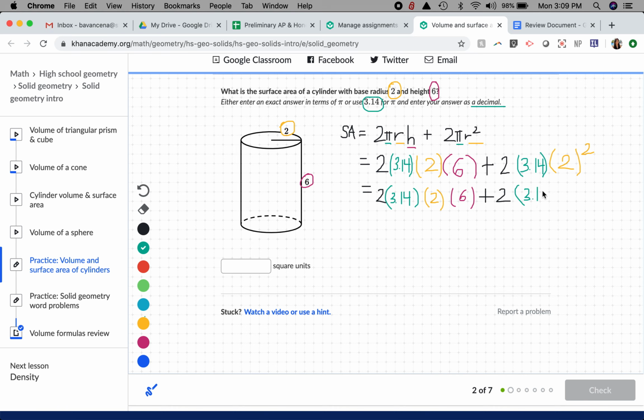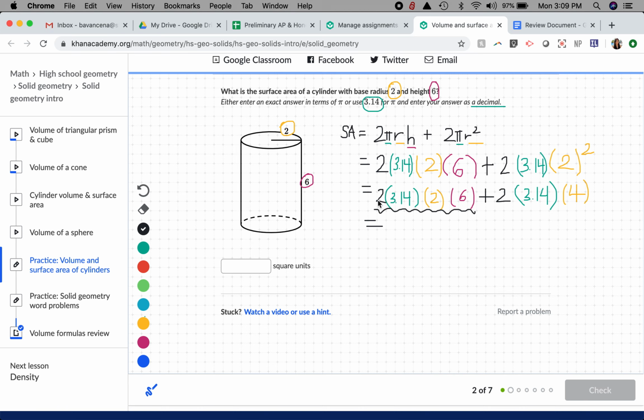All right, and now we're at that point where we can simplify. 2 times 2, or 2 squared, is simply 4. So I'm going to make that 4. Now that this is simplified, we can just multiply across. I'm going to multiply these first. So let's find the product.